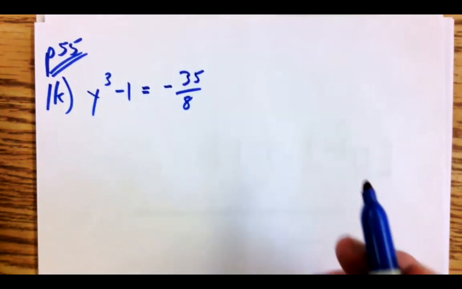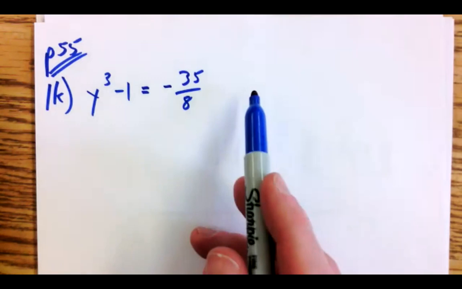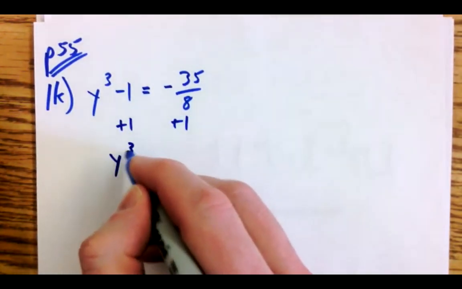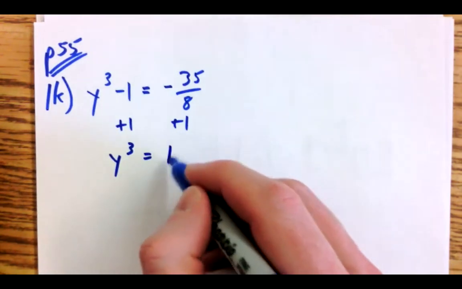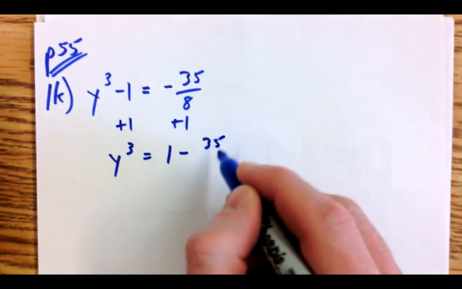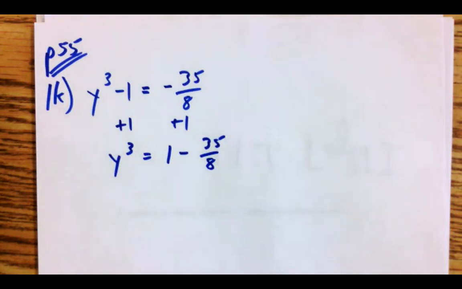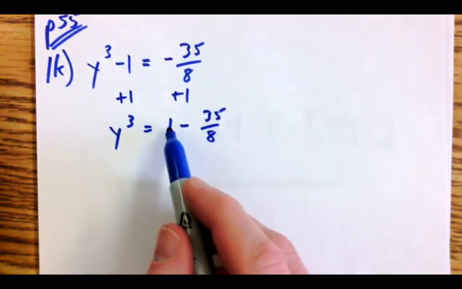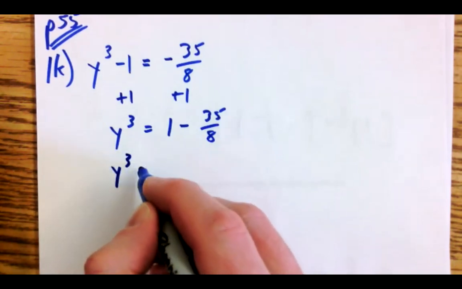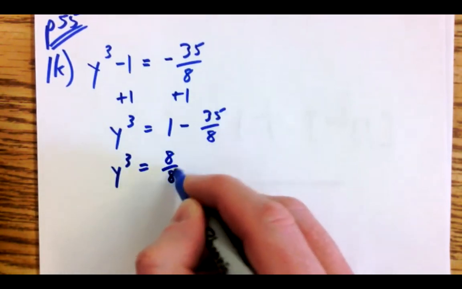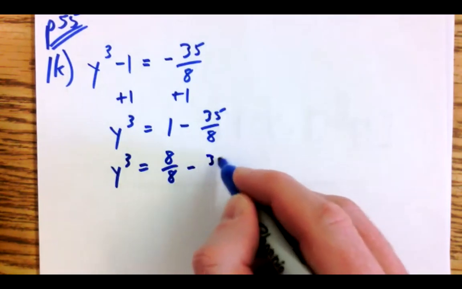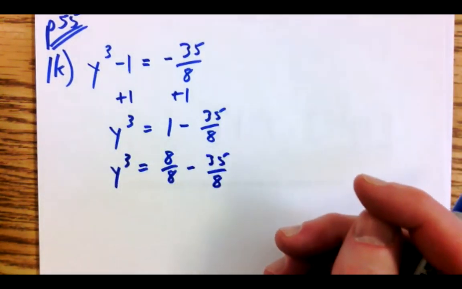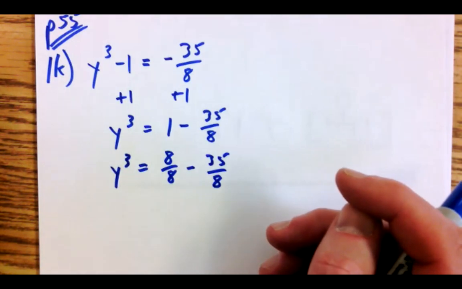So first thing we need to do is add 1 to both sides. Y cubed equals 1 minus 35 over 8. Now we need to have a common denominator, so this 1 is going to become 8 over 8 minus 35 over 8. 8 minus 35 is 27.